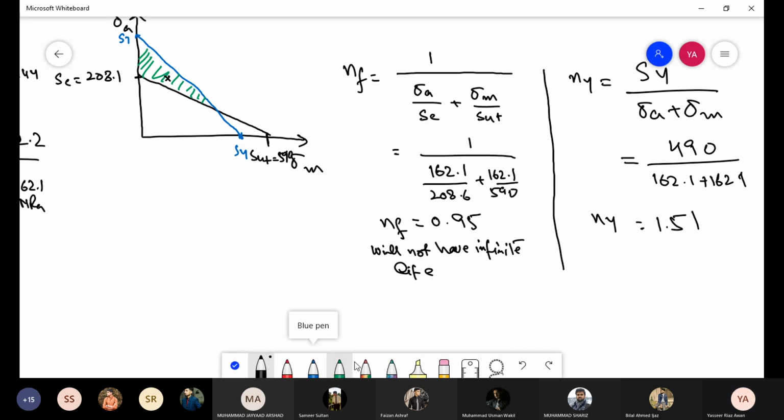And this point obviously may be more likely to lie here, basically on the 45-degree line, because sigma A and sigma M are equal. So how to find the number of cycles? कैसे find करें?